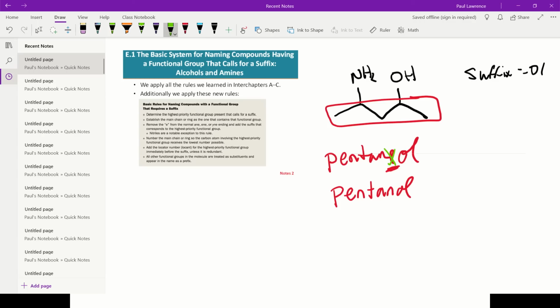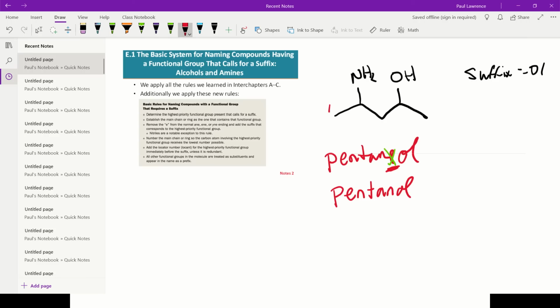Now, this fourth point says that nitriles are an exception to this rule, we will cover that in a later chapter. So let's not worry about nitriles for right now. So now we have to number the chain or the ring that gives the highest priority functional group the lowest locating number.